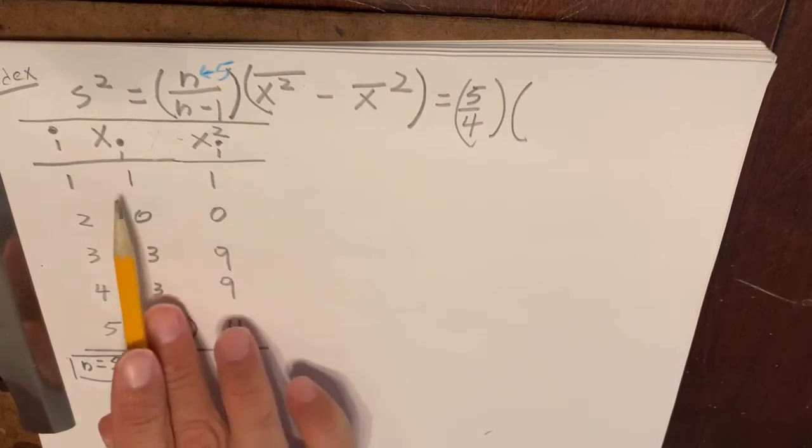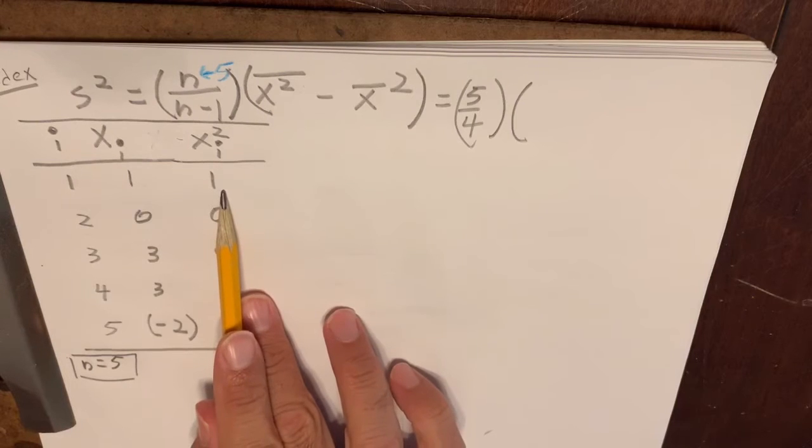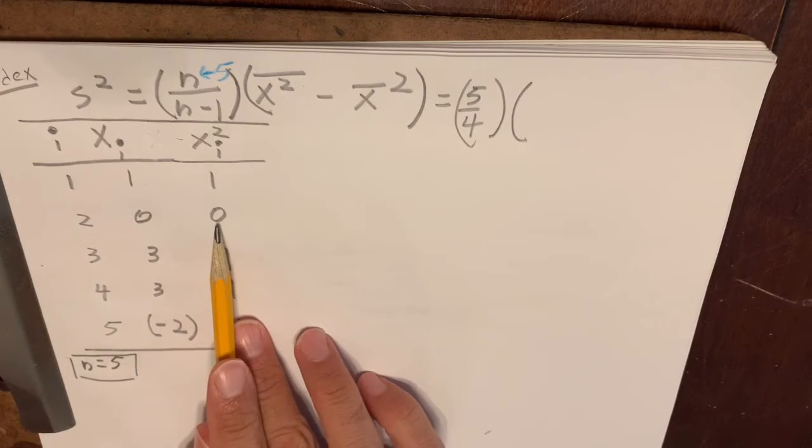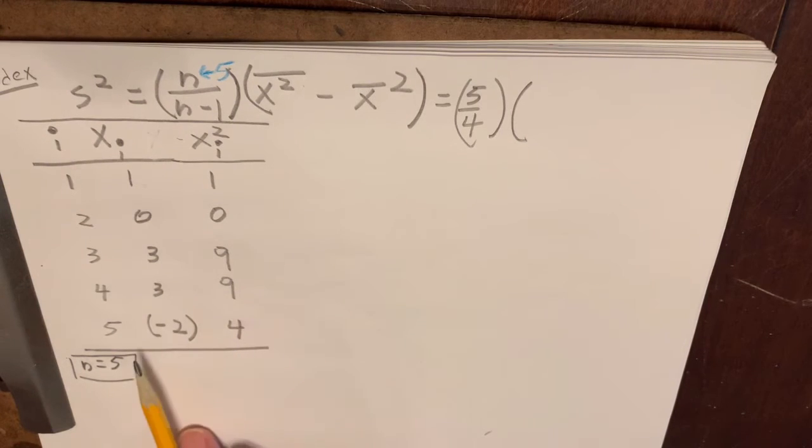So what I did was I made a little column for the squares. See, 1 squared is 1, 0 squared is 0, 3 squared is 9, another 3 squared is 9. Now, some people mess this up. Negative 2 times itself is positive 4, because a negative times a negative is a positive. What I've seen students do is they screw up the sign on exams and they write negative 4, so don't do that.